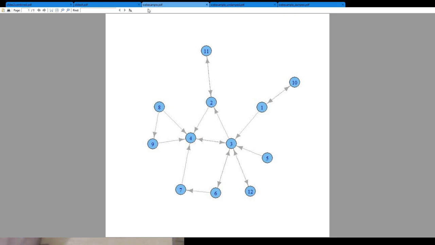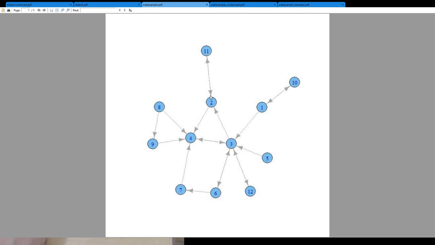Here's my graph, my mini web, a very simplified internet with 12 pages. For example, page number 2 has a link going to page 11 and a link going to page 4, and that's all the links going out from page 2. Meanwhile, there are links going into page 2, coming from 3 and from 11.